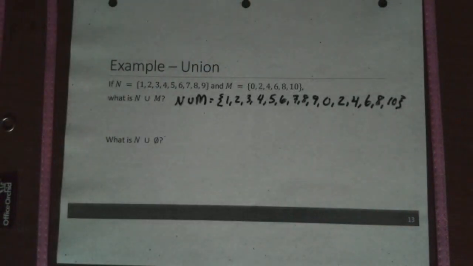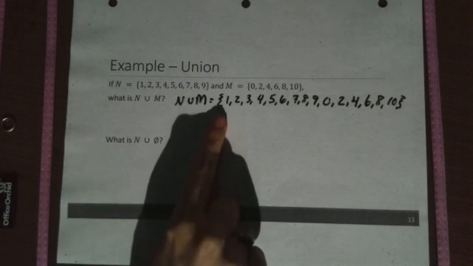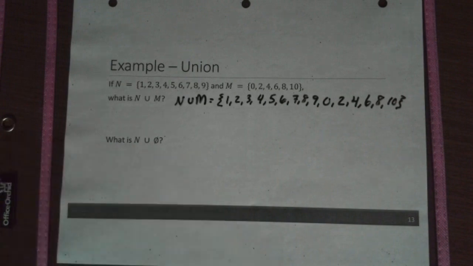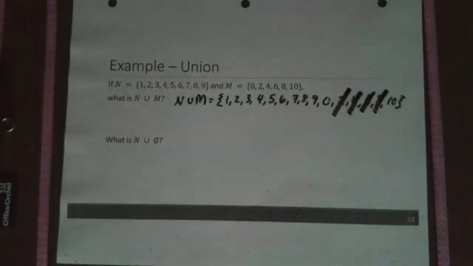There are two things I want to point out here that are really going to be helpful. When it comes to curly brackets, meaning we're talking about sets, we don't have to list repeats. So for example, 2 appears on my list twice. I don't have to write it twice. 4 appears twice. I don't have to write it twice. 6 and 8, same boat. I don't have to write them twice. The other thing is that when you're in curly brackets talking about sets, order does not matter.